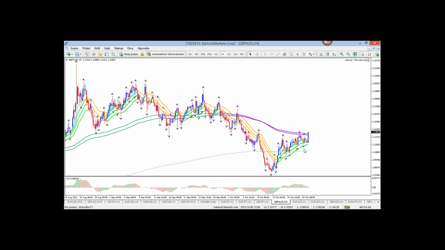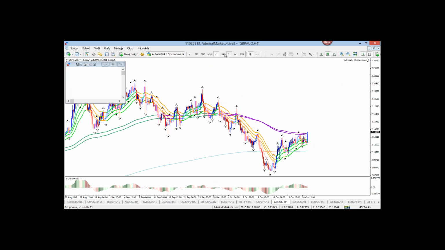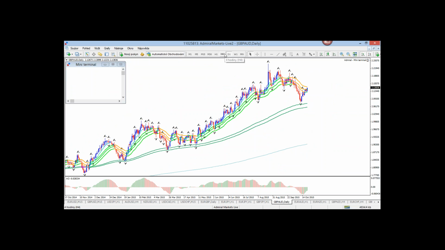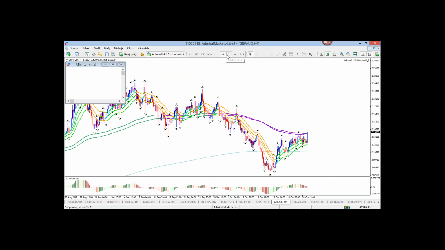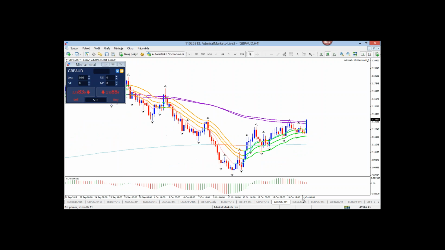Let's take a look. I don't like the 4-hour chart that much for upside. I would still be on the sidelines with this one.